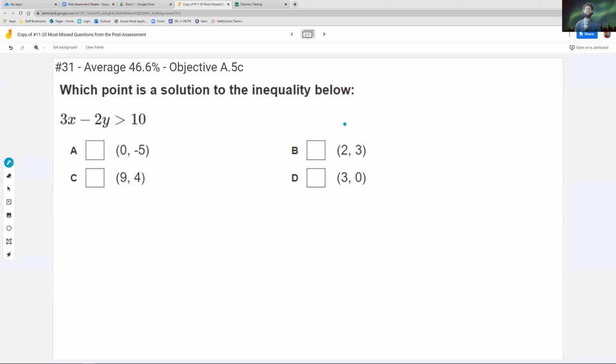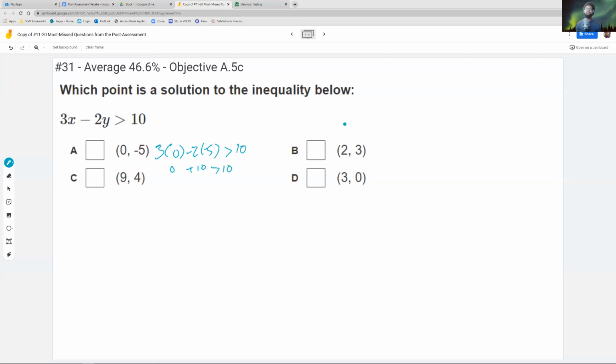All right, so we're going to have 3x minus 2y less than 10. If you wanted to take a point, let's say this first point here, A, and test that one, you do 3 times 0, that's your x value, minus 2 times -5 is less than 10. And then you solve these. 3 times 0 is 0. And then 2 times -5 is going to be -10. So that'll be a positive 10.